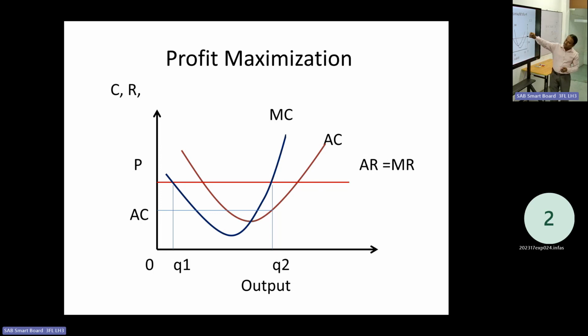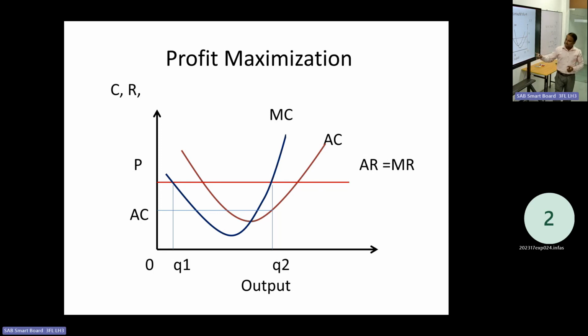Therefore, the second condition is not satisfied, so Q1 is not the profit maximizing output level.